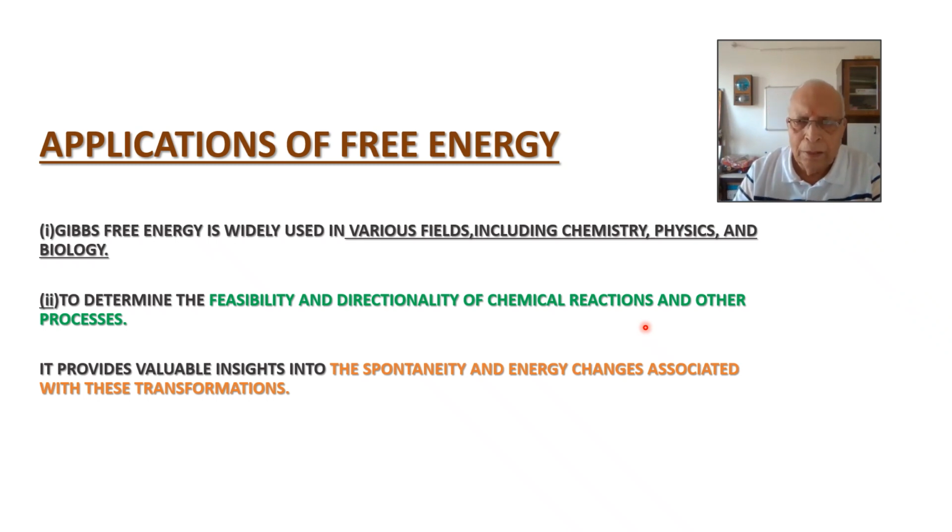We know that when a reaction occurs, there is a forward reaction and there is a backward reaction. Forward reaction yields products, backward reaction gives out reactants. So, in which direction the reaction can proceed, you get an idea from the free energy, feasibility and direction.